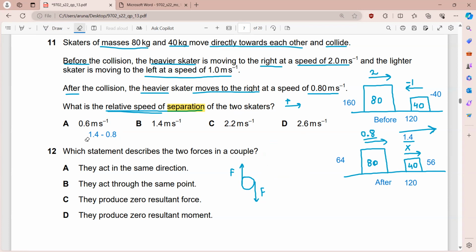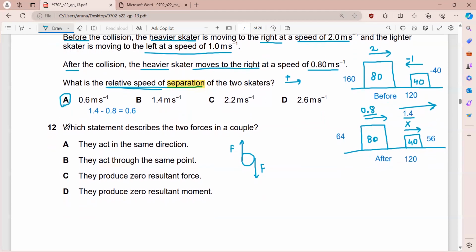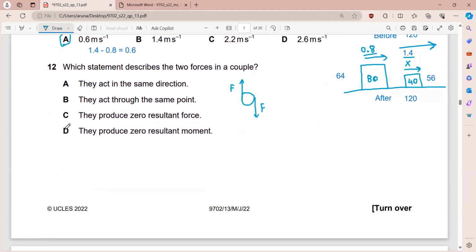So 1.4 minus 0.8 is 0.6. So the relative speed of separation is equal to 0.6 meters per second, which is option A. There's no real way to eliminate these options. We'll just have to solve the entire thing.